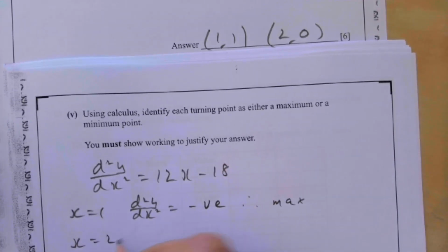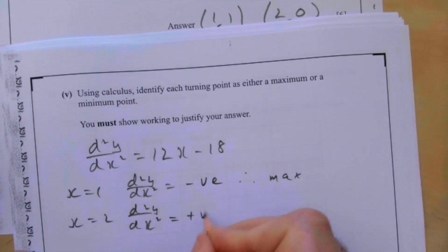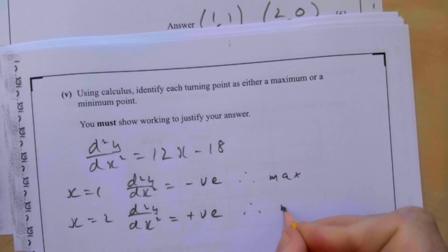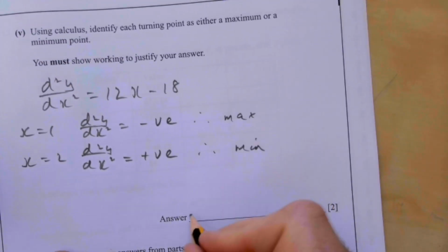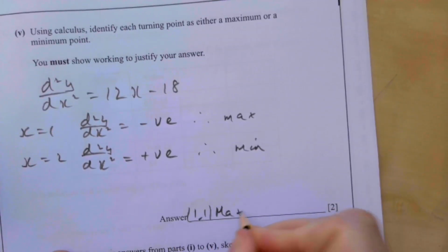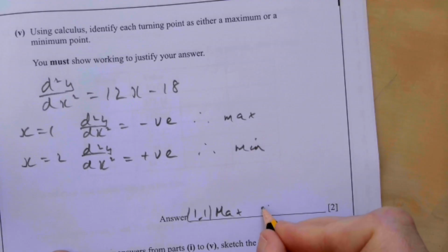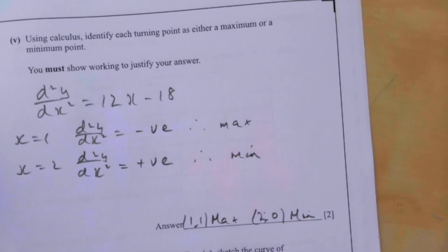If x is 2, then d2y by dx squared gives me 24, take away 18. That's a positive. Therefore, it's a minimum. Using calculus to identify each one, so that's okay. So (1, 1) is a max, and then (2, 0) is a minimum.